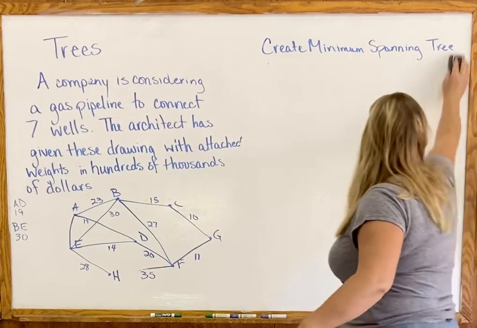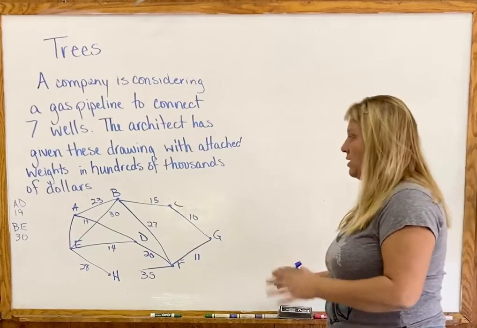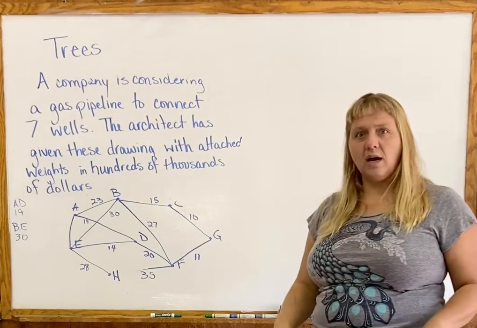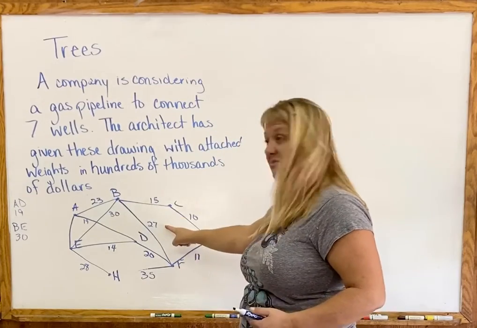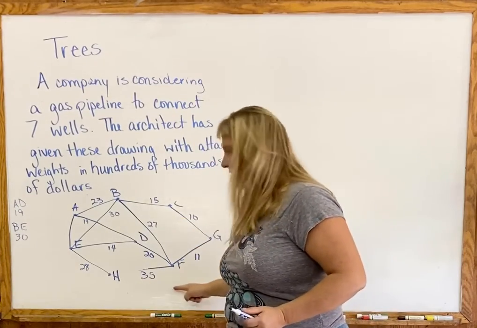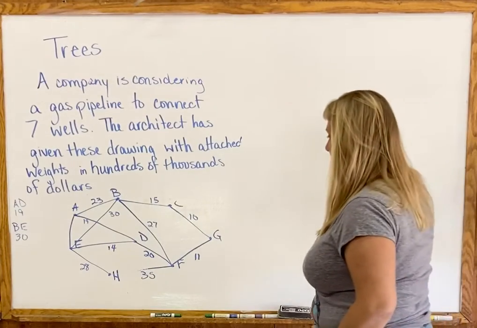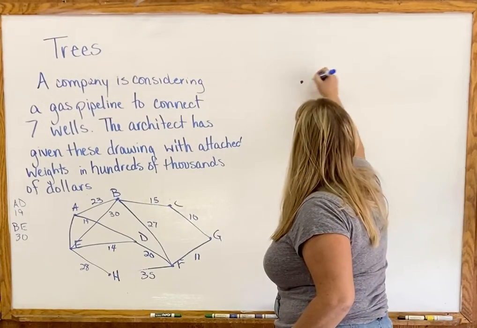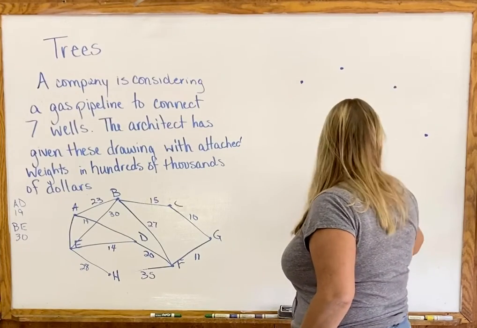But anyway, whatever. Okay, so this is very, very pricey. So do we want to be putting in all sorts of extra lines, and do we want to be putting in like long ones like this 27 if we don't need it? Now this is 35, that would suck too. Okay, so this is definitely time for a minimum spanning tree. So again, we're going to put the wells in this case.